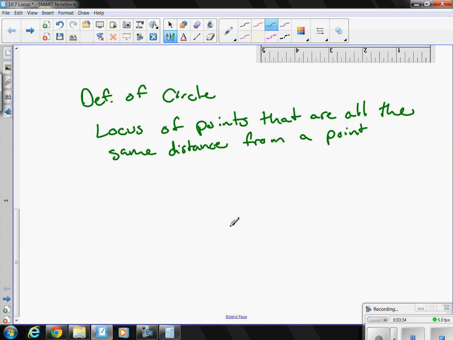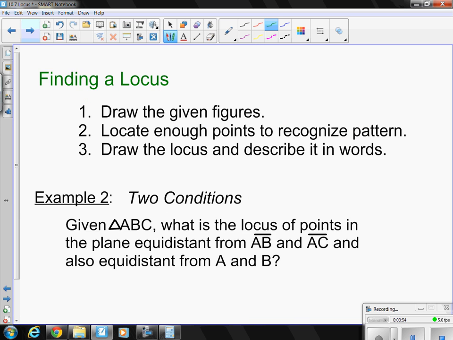So for example, a circle, here's a point, all the points that are the same distance away. If I start drawing some of these points that are all the same distance away, what do we start getting? We start getting this circle. That's what a circle is. We use locus to describe that.